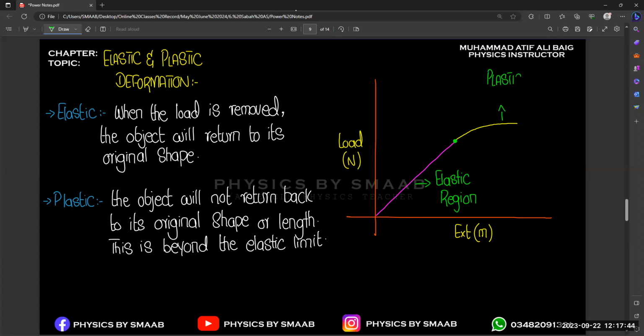The object does not have to be plastic in order for it to be called the plastic region. It just means that it is the area after it has crossed the limit of proportionality, and it will be known as the plastic region, because it will not return back to its original position.